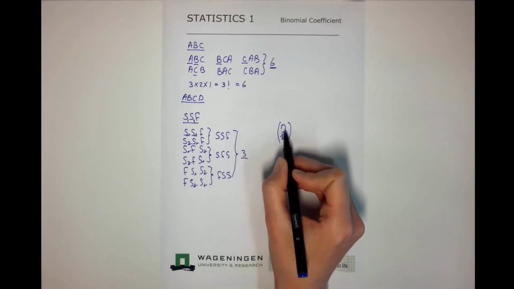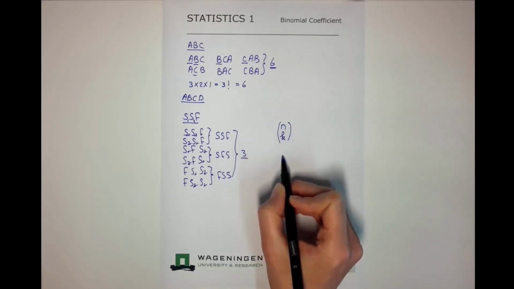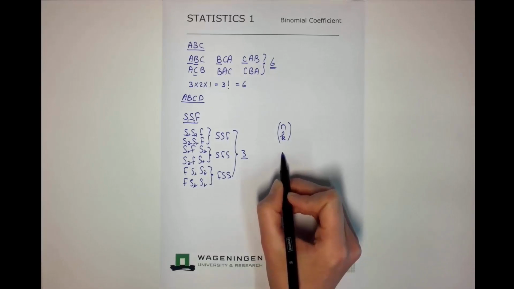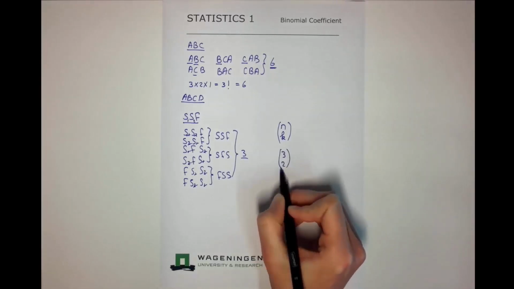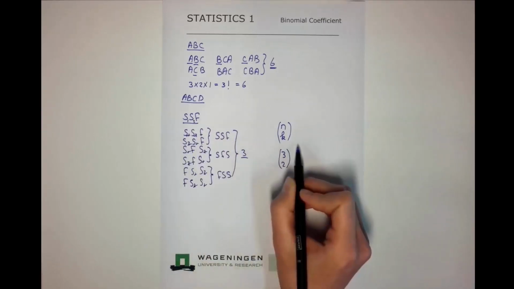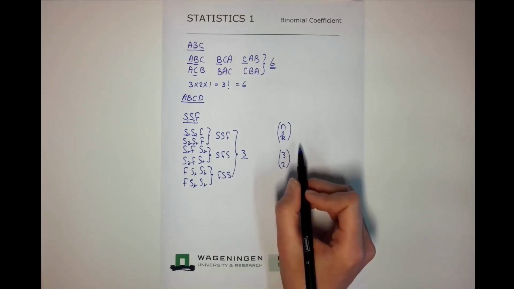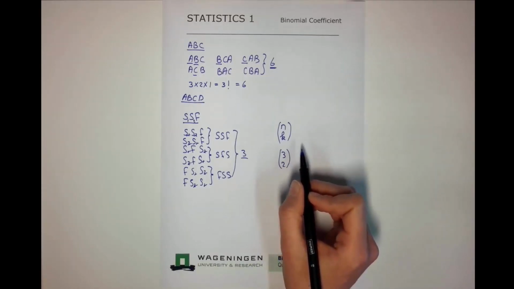N is the total number of letters, so the S and F together, where k is the number of successes. In our example, this would be 3 above 2 because we have 3 letters but only 2 successes. We could say that the number of unique orders is similar to the total number of arrangements of all the letters divided by the number of arrangements per letter.